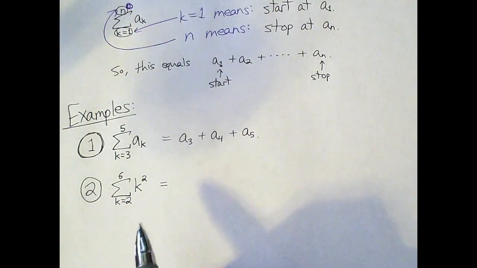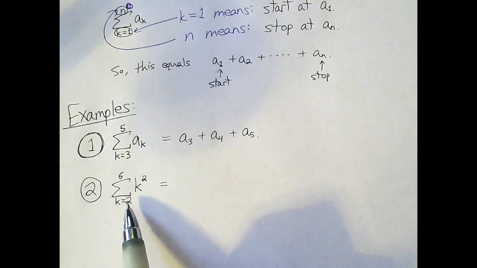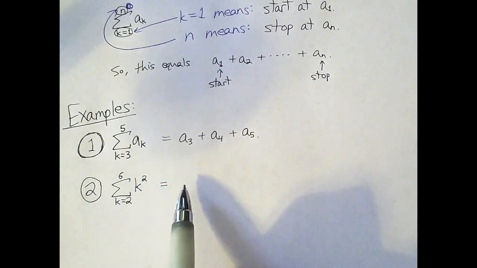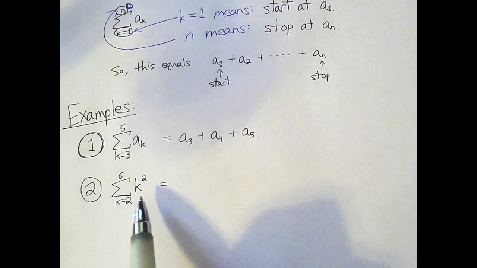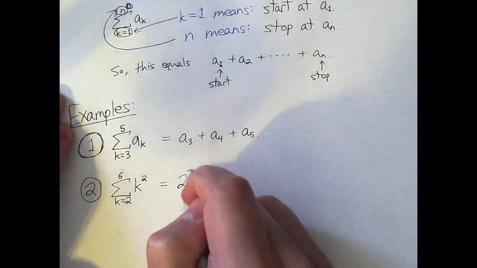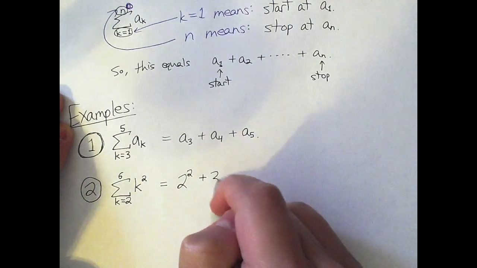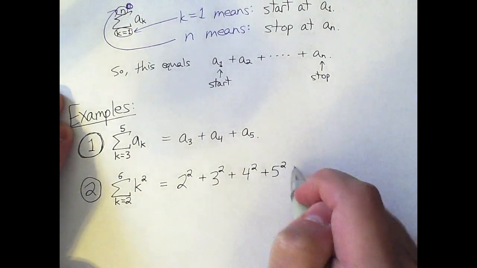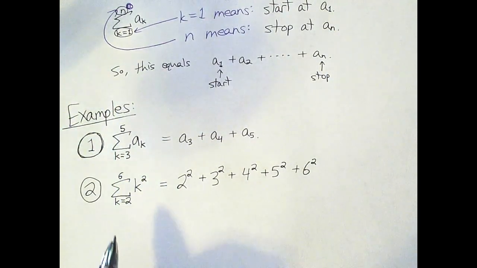So what this tells me, it says to take k squared, starting with k equals 2, and working our way up to k equals 6. And we're going to have something plus something plus something plus something, but the somethings are going to be the k squareds. So here's what we do. We start at 2, so we start with 2 squared. The next integer after 2 is 3, so 3 squared plus 4 squared plus 5 squared plus 6 squared, stop. That's what this represents.